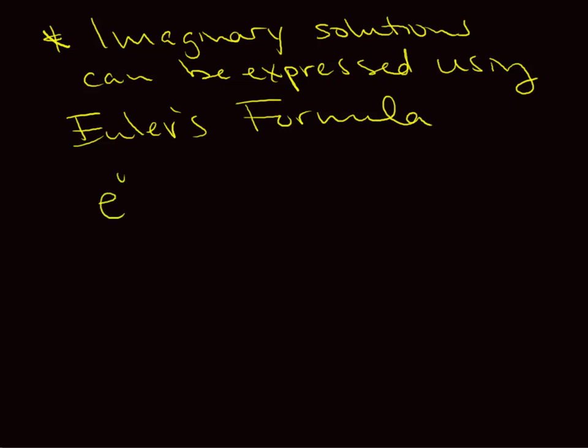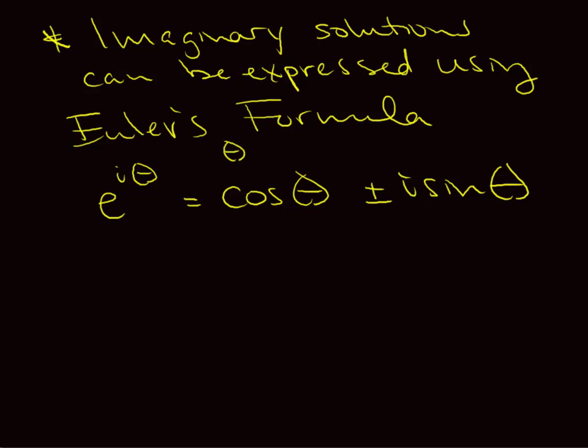What Euler's formula shows is that e to the i theta is equal to cosine theta plus or minus i sine theta. And you may be saying, Professor Wolcott, how did all of a sudden we get theta inside of here? Just imagine now that our value for theta is going to be something equal to x, because we're looking at an oscillatory function. And we know that oscillatory functions can be defined by some value theta, the degrees in which an oscillatory function is moving through this oscillatory wave.